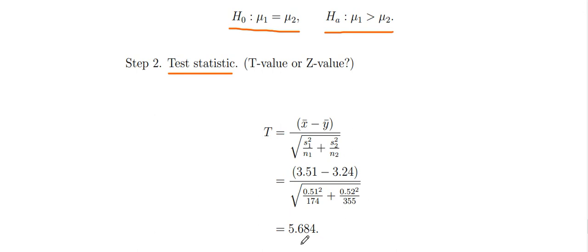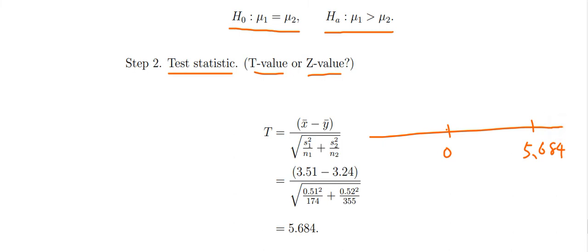So we get this number, this t value or z value, which is 5.684. We want to judge whether 5.684 is a big number or a small number. So we need to check some tables, a Z table or T table.